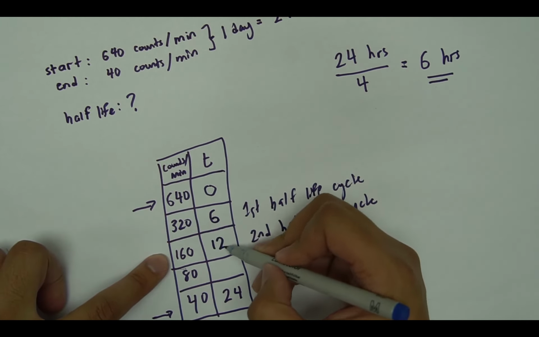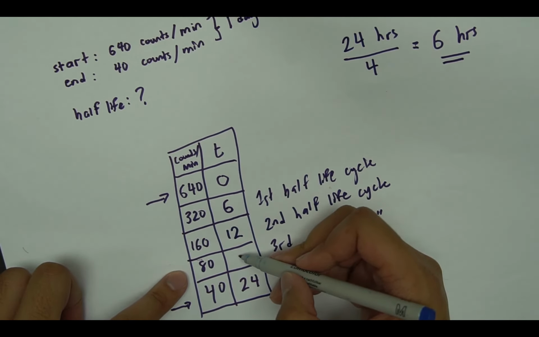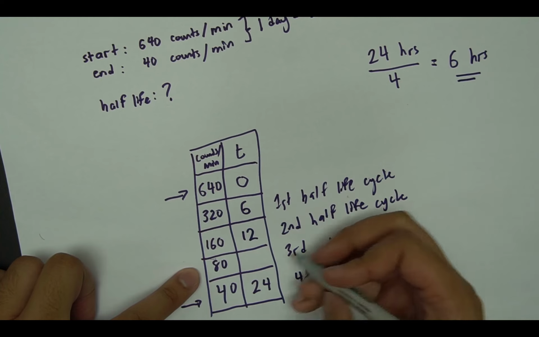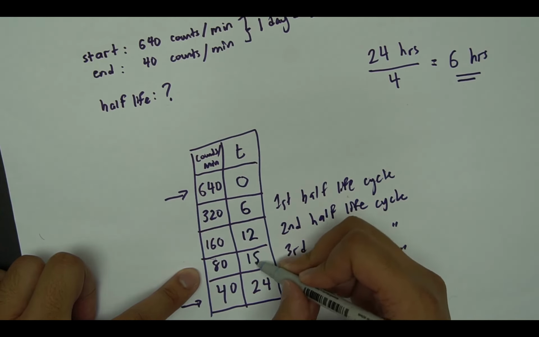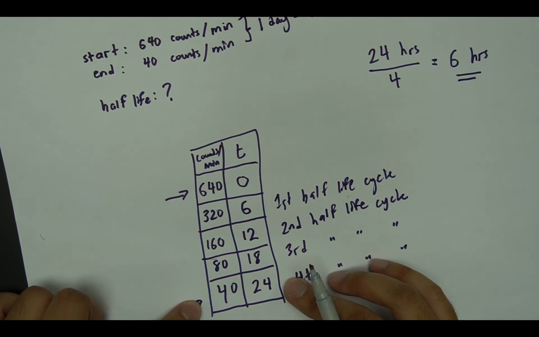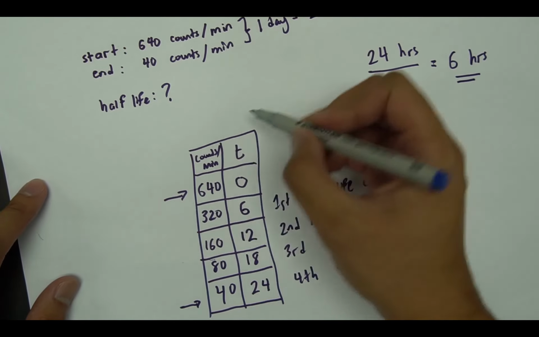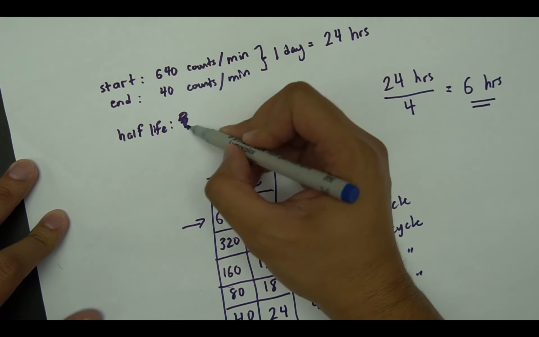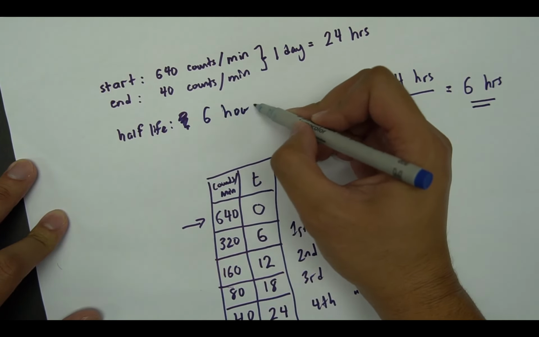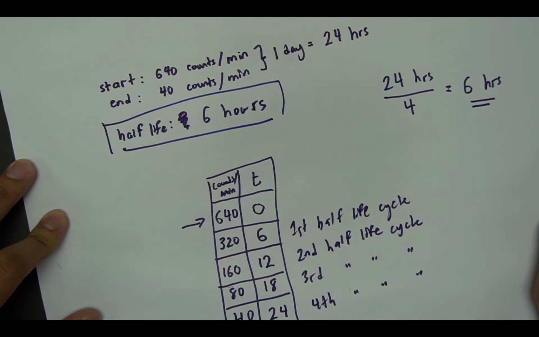And then another 6 hours, so that's 12, it becomes 160. Another 6 hours, that's 18, and that becomes 80. Another 6 hours, that becomes 24 hours, and that becomes 40. So the answer, the half-life, is 6 hours, and that is the answer. Okay, for example 2.